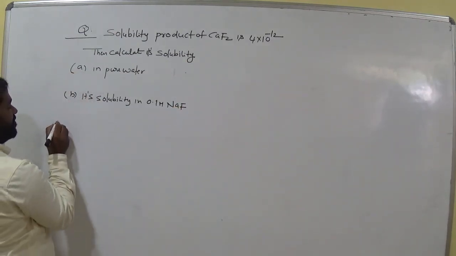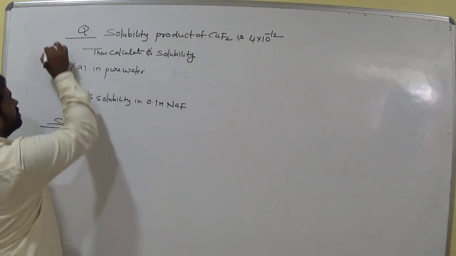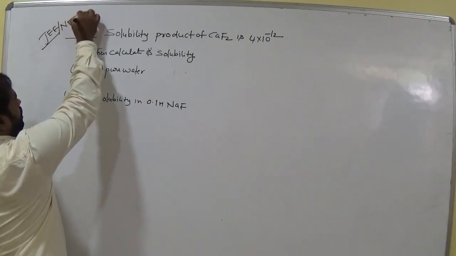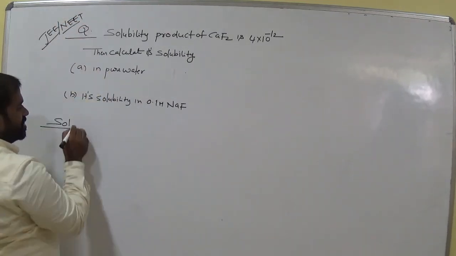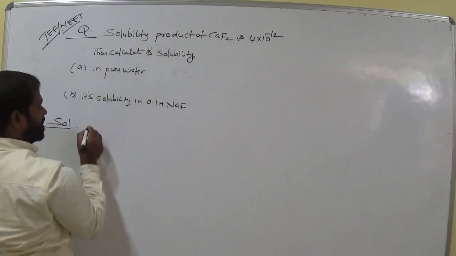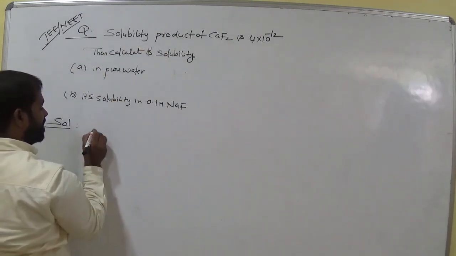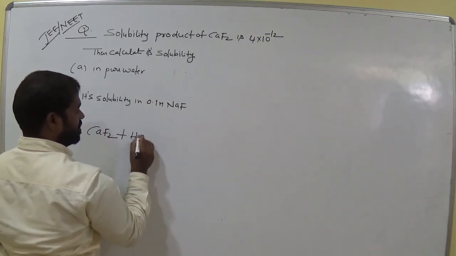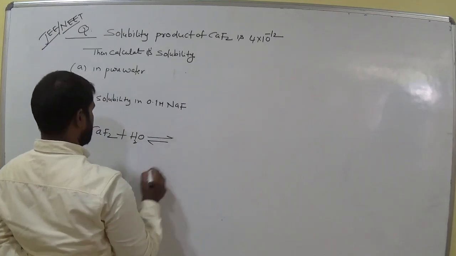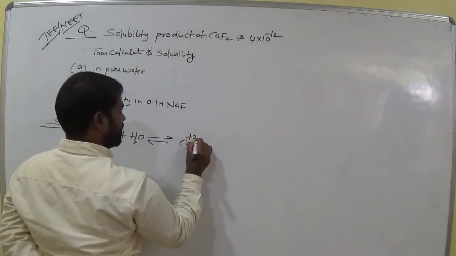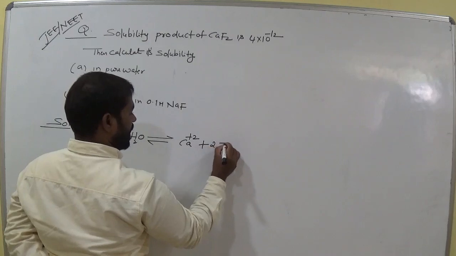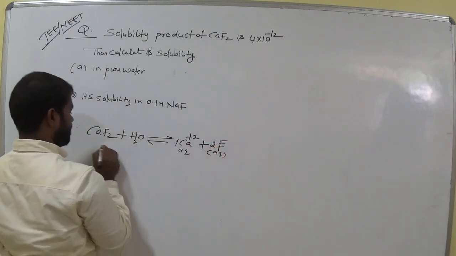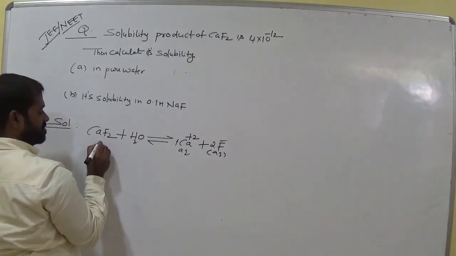So, the answer for the first one, very important. Solution: the solubility product is given. What is the salt given here? CaF2. When dissolved in water, it gives Ca2+ and 2F minus, am I right? This is solid.